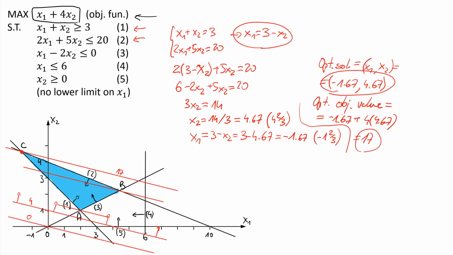Had we used the corner point method, we could have determined corners A, B, C, and then we would find objective function values for each of them. A is actually an easy point. If you determine it, you would find it's 2, 1.